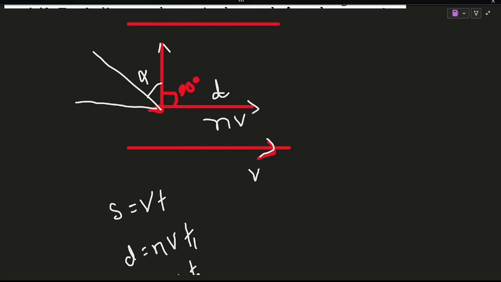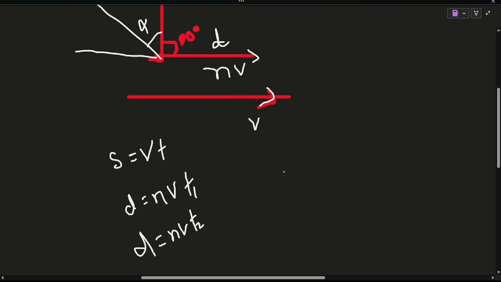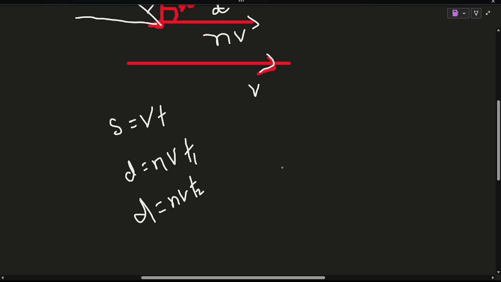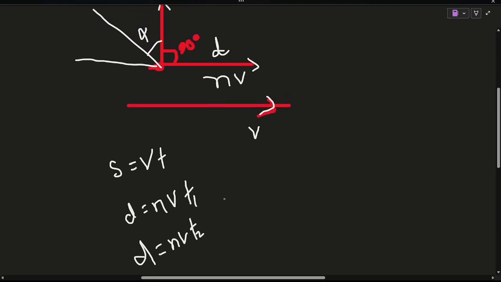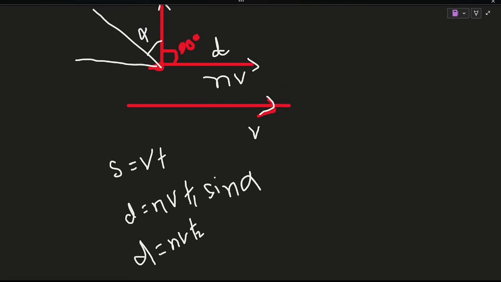Because they are going in the stream way, the velocity of the stream will be added up. In this we can write simply with sine alpha.